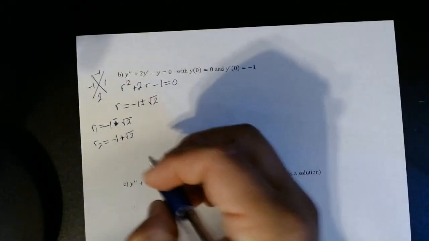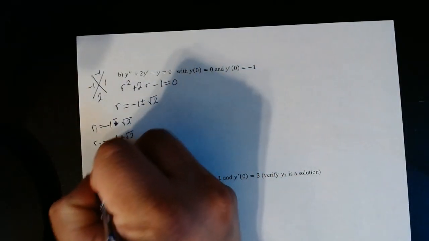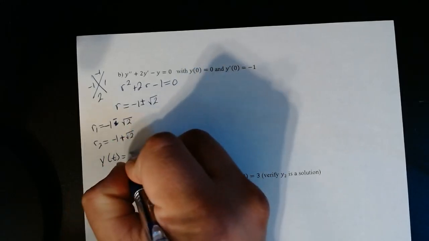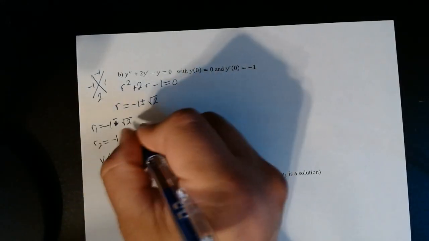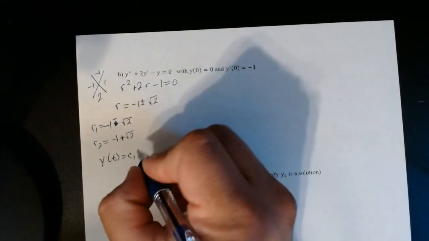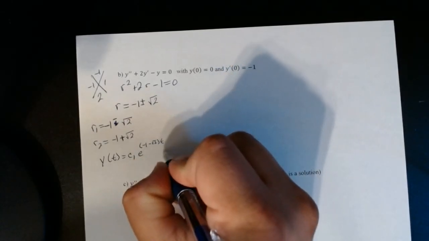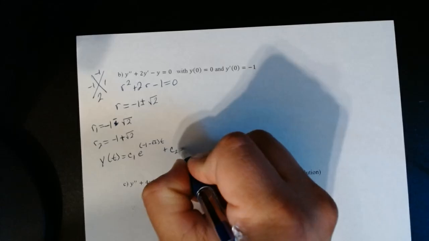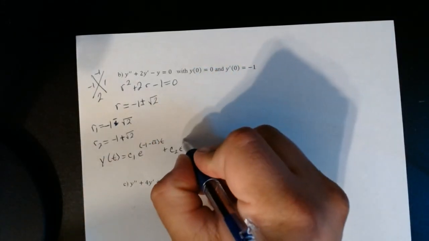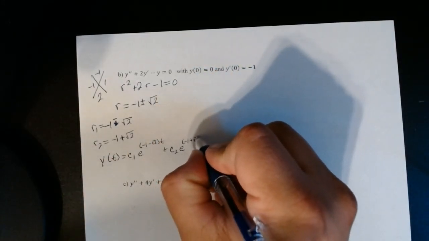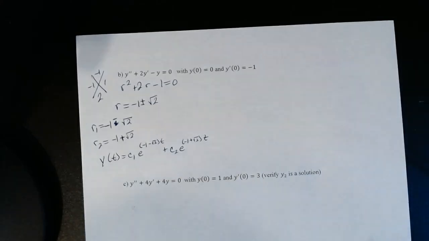Okay, so now our general solution will be c1 e to the all of this times t plus c2 e to the all of that times t. There we go.